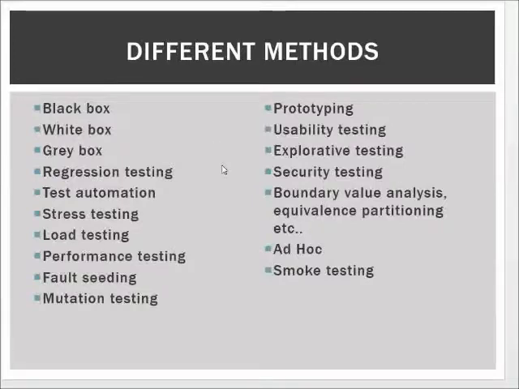There's regression testing, retesting things, test automation, different tools and that sort of thing, stress testing, load testing, performance testing for different measurements on how the system performs, also fault seeding, mutation testing, testing how the test cases work, and prototyping, usability, explorative, security, boundary value, and so on and so on. So there are different methods defined for different needs of testing work.